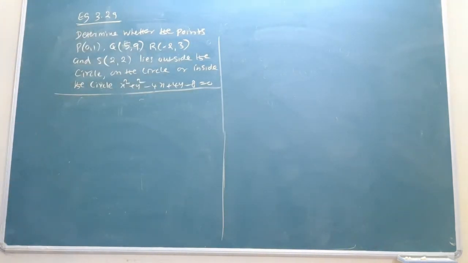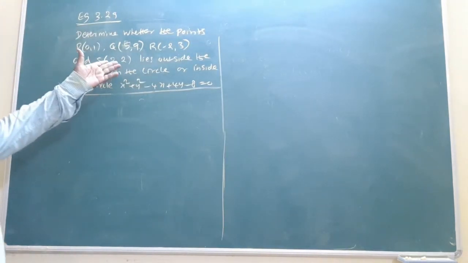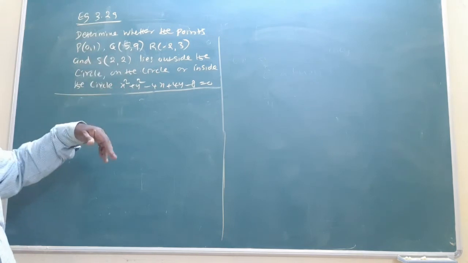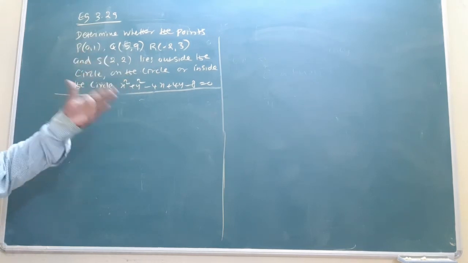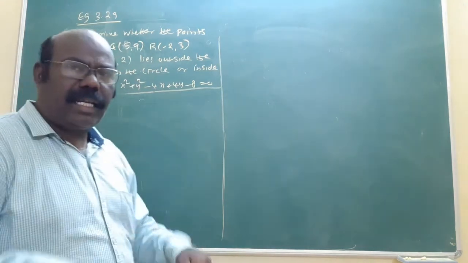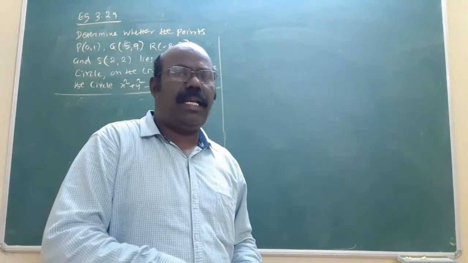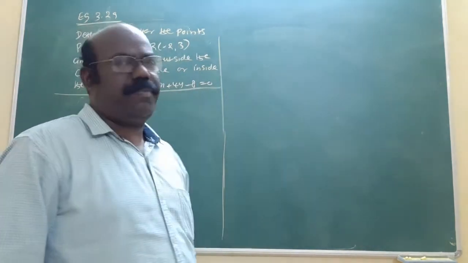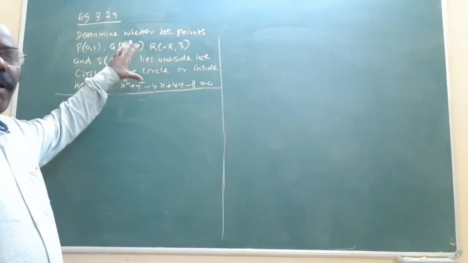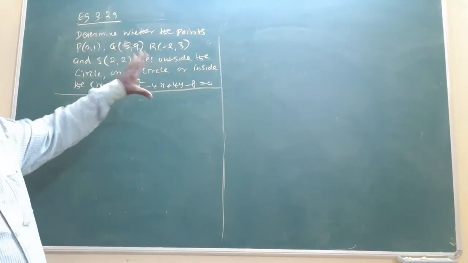Next question, example 3.29. This is the previous model. Some points are given. Verify whether each point lies on the circle, outside the circle, or inside the circle. We solve this problem by using the length of the tangent formula.